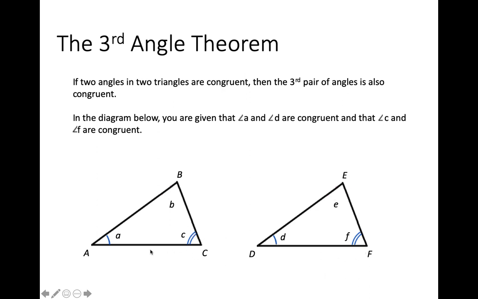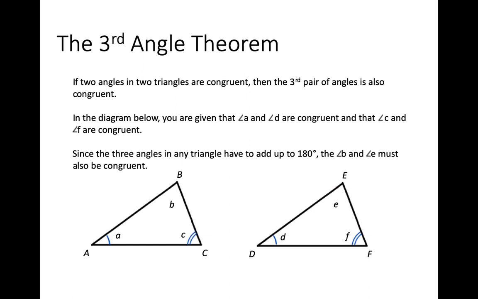If you're given two angles in a triangle that are congruent to two other angles in another triangle, then since all of the angles in any triangle have to add up to 180 degrees, angle B and angle E must also be congruent.